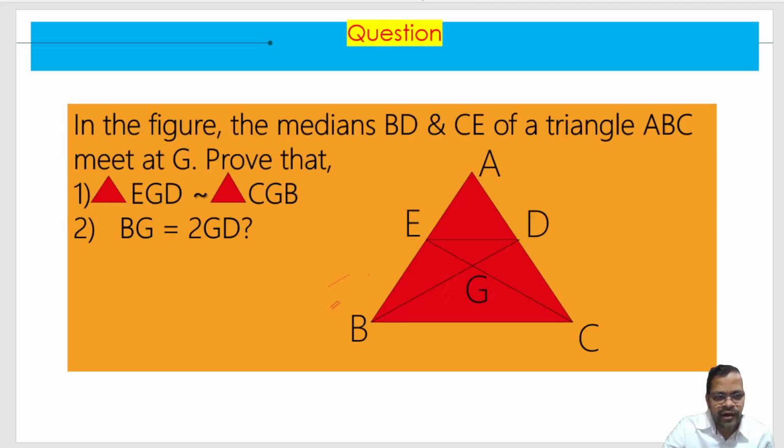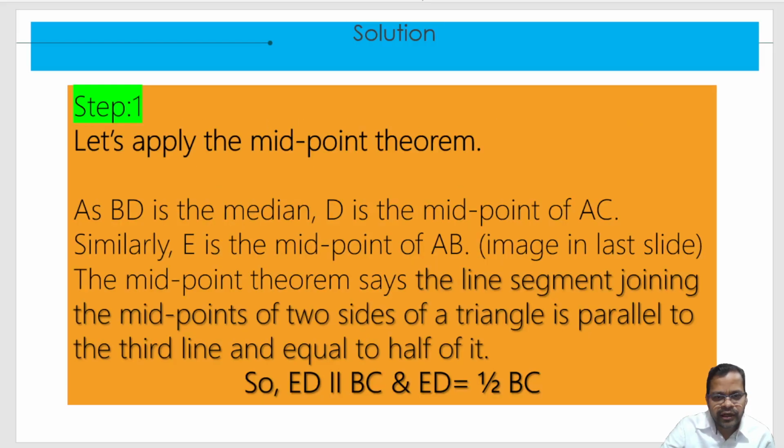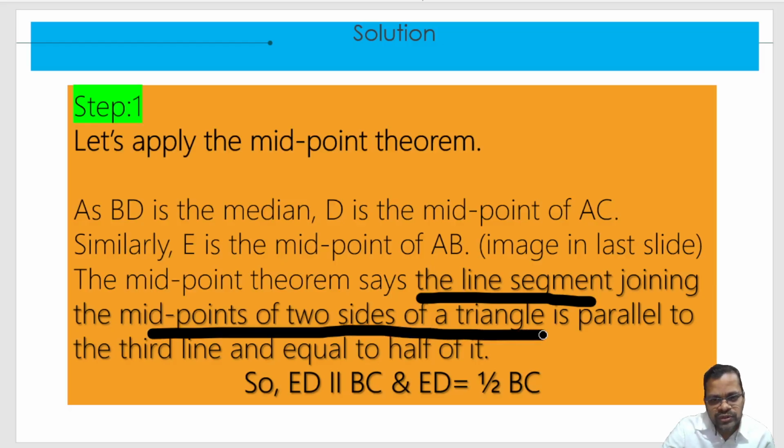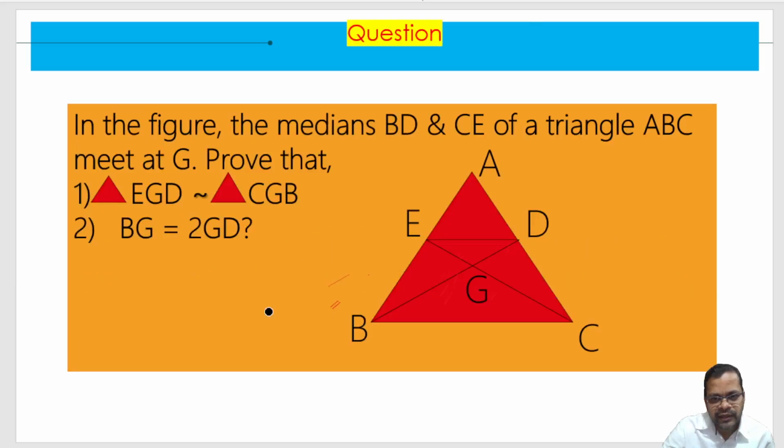Okay. So now if you remember the midpoint theorem, it says that the line segment joining the midpoints of two sides of a triangle is parallel to the third side and equal to half of it. Here the line segment is ED, joining the midpoints of two sides, and it is parallel to the third side.